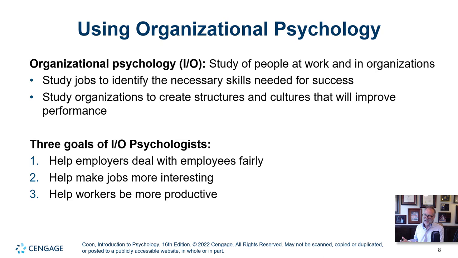And if an IO psychologist is effective at making that job more interesting and satisfying for the employee, then the third thing is helping workers to be more productive. And that's really what the employer wants, of course. They all would like their employees to be happy, but the truth is, the owners of the organization or the executives, truly what they want is productivity, profitability. They want to make money. That's what it's all about with the companies that you would work with.